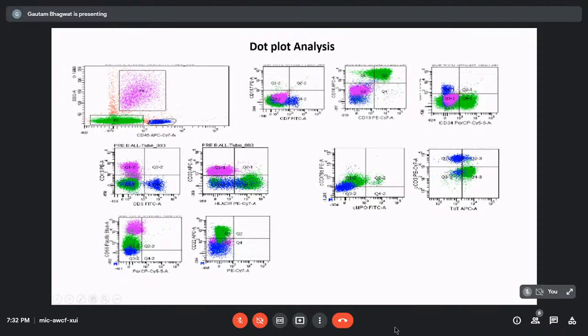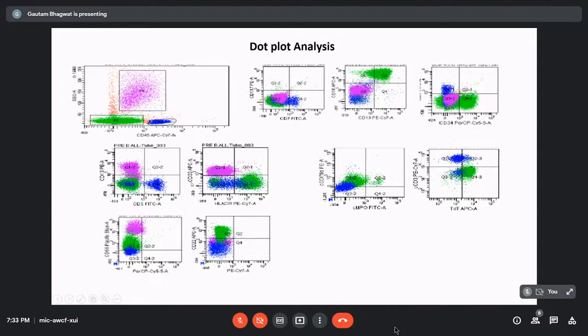What are these? These are T cells. Coming on to this plot, CD10 versus CD19. Here I see almost all the blasts positive for CD19 and CD10, co-expressing CD19 and CD10. Here in this plot, CD34 expression is there.